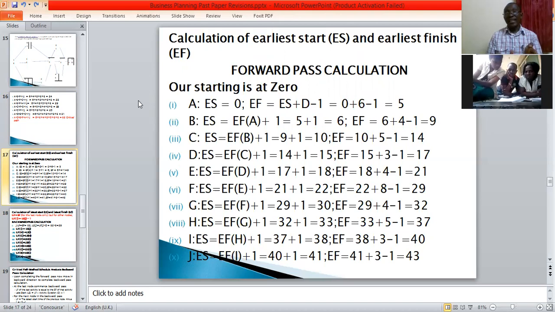But I have decided also to bring in how to calculate the latest start and the latest finish, as we may not know what they are thinking this year.